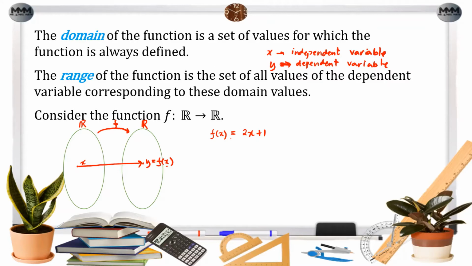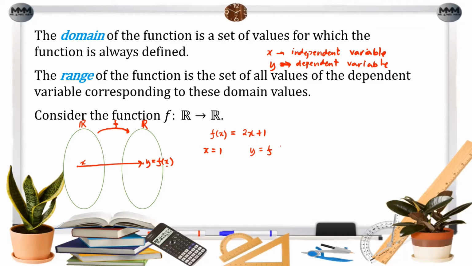So for example, if we have here the function f of x equals 2x plus 1, now if x is equal, say for example, to 1, then y is equal to f of x, so we can have y equal to f of 1. Take note, x is 1, so we replace x by 1.